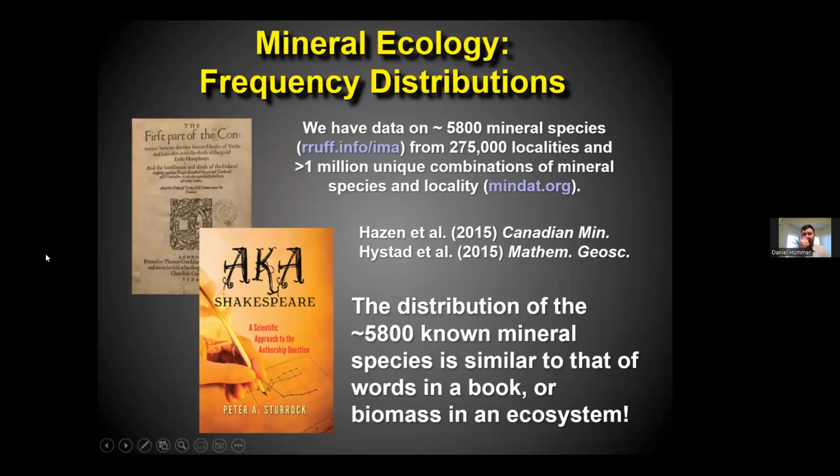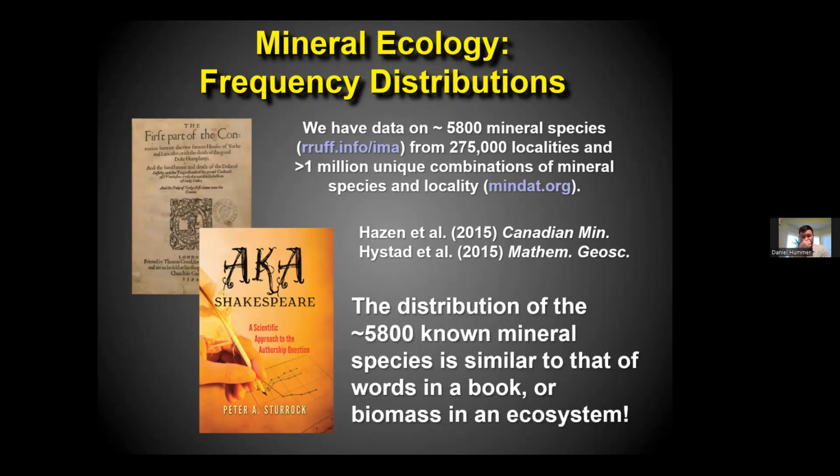And as it turns out, the result is really stunning. The over 5,800 known mineral species that we have at this point actually adopt exactly the same statistical distribution as words in a book. Or it turns out it's also the same as biomass in an ecosystem.